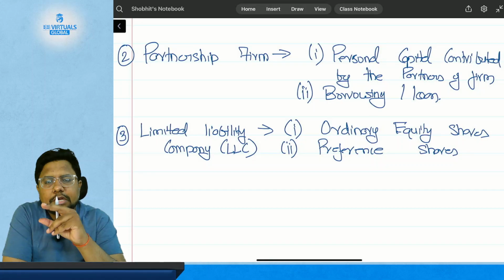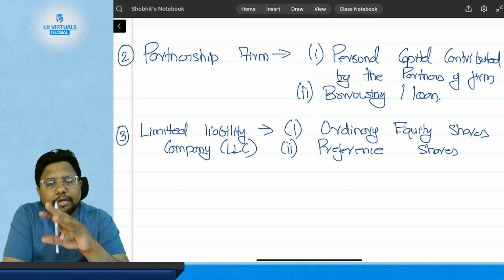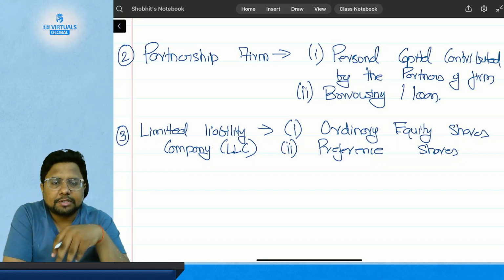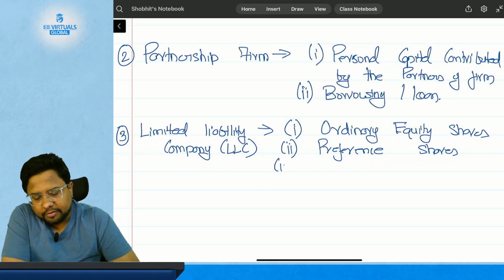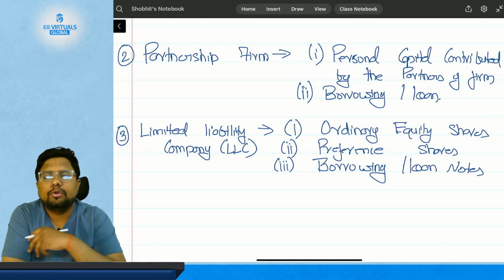What equity shares and preference shares are, we will discuss later. Then the third form, which is the same as for the sole trader and partnership, is borrowing or loans from the market, also known as loan notes.